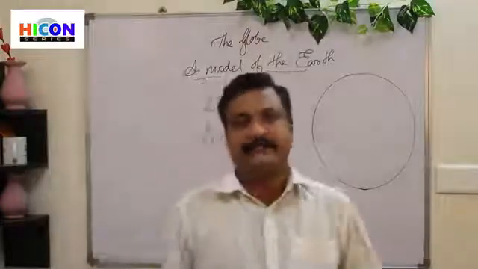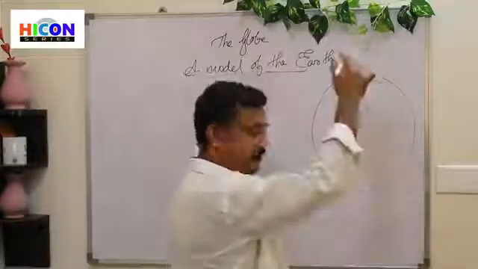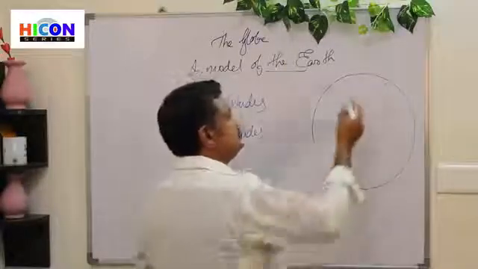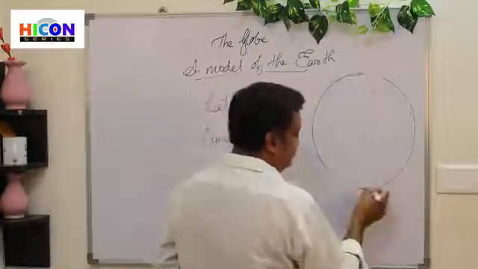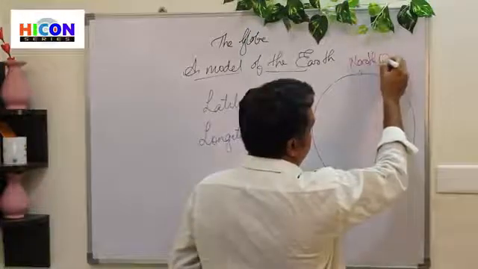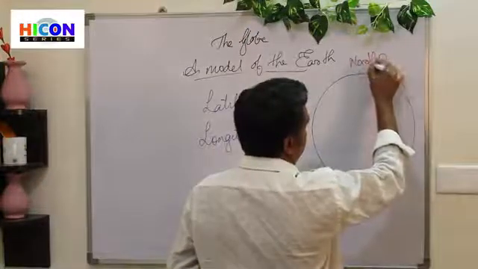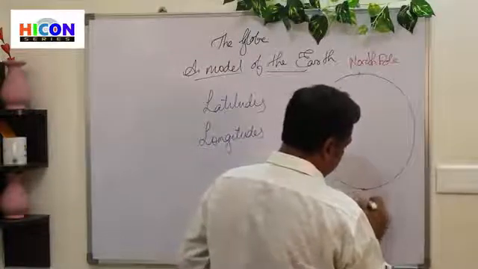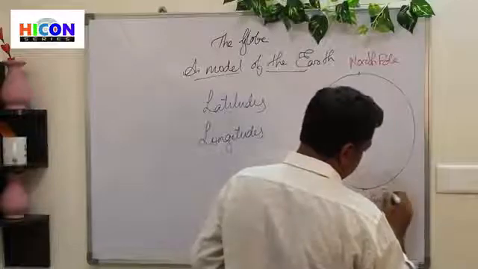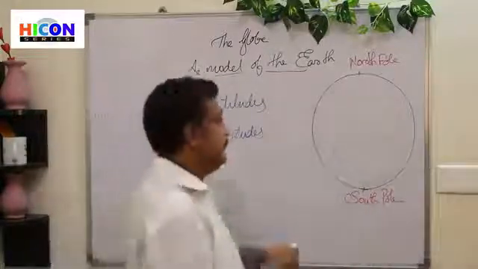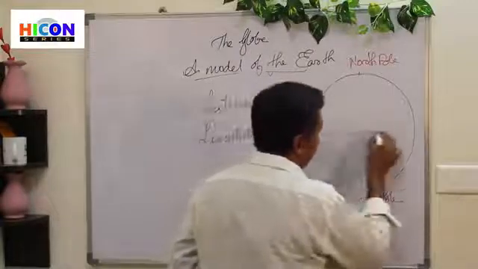So in the beginning we have seen the North Pole and the South Pole. Okay, so there are two polar regions here. This is called the North Pole and this is called the South Pole, and there is an imaginary line that passes through the center of the earth.